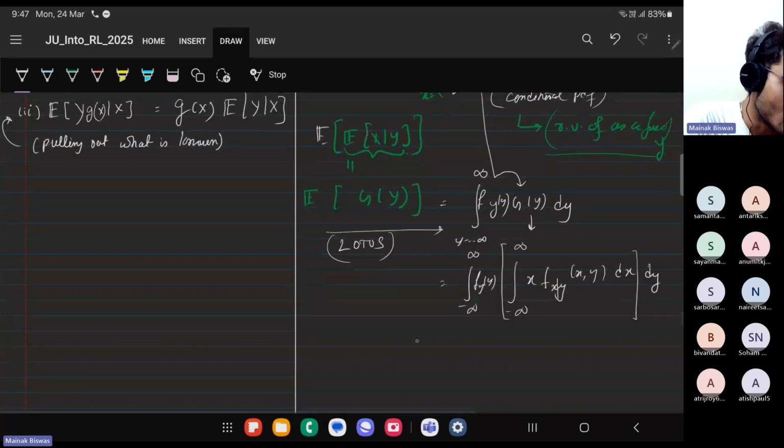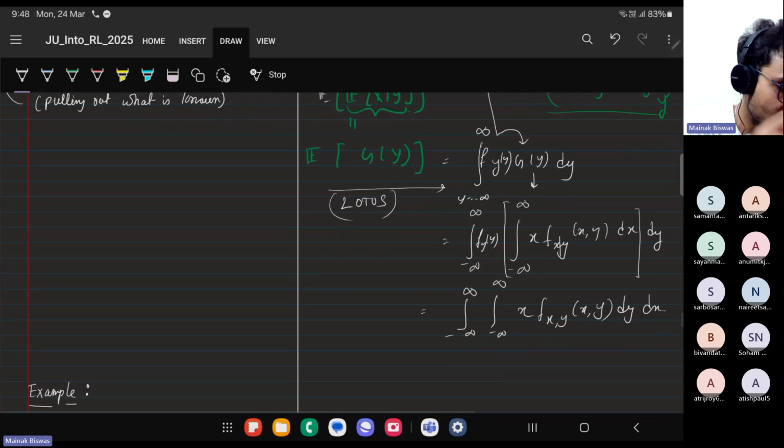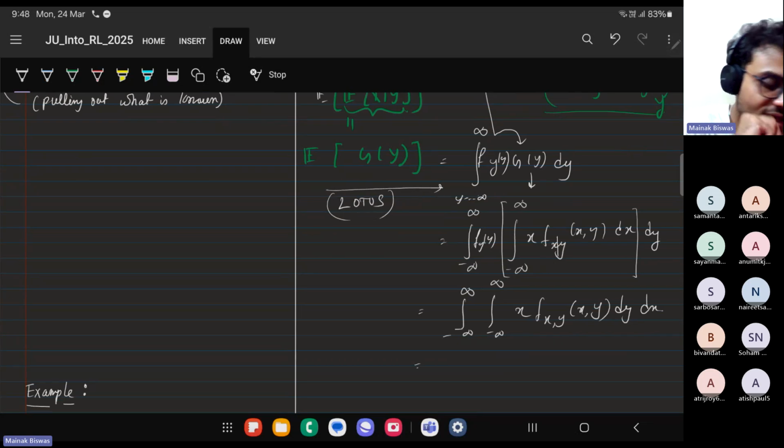Okay. So now I can write this as two integrals, minus infinity to infinity, and then x f of x, y, dy dx. I'm just reordering the integrals. I can do that since the integrals exist. I'm assuming the integrals exist.